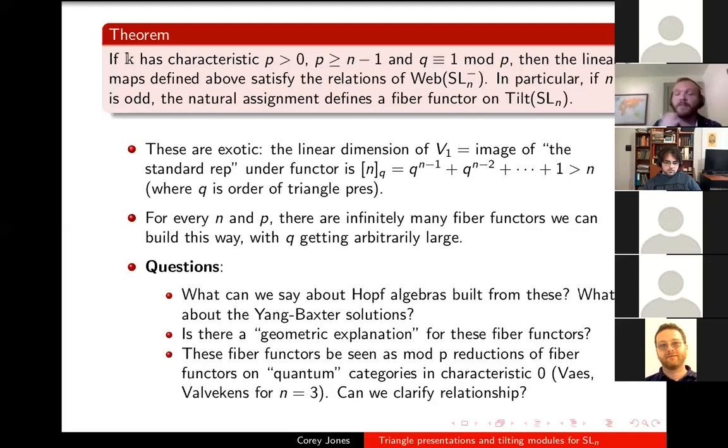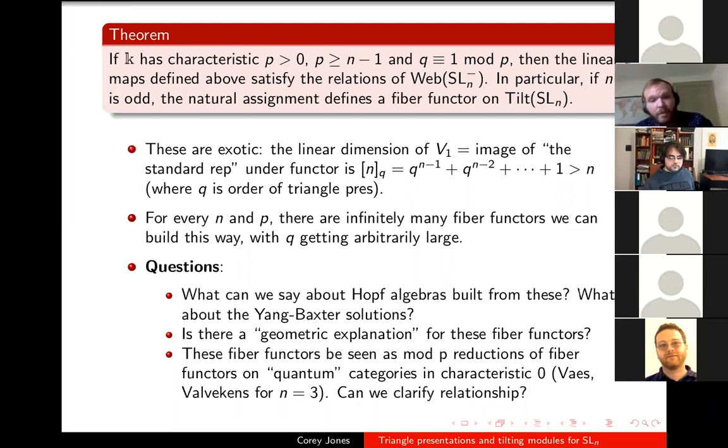But is there some kind of analog there? My attempts at doing this haven't worked, but of course I don't understand the geometric side well enough to have any kind of confidence about whether there is something there or not. But I will say that this condition that Q is 1 mod P is quite mysterious from this geometric point of view, and I don't quite understand what's going on there.